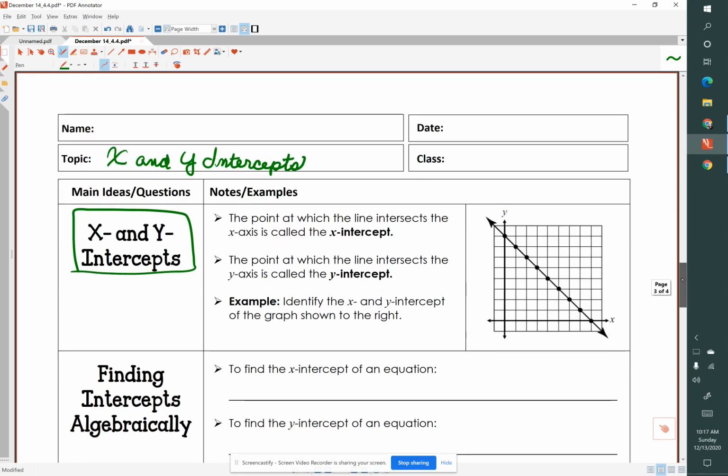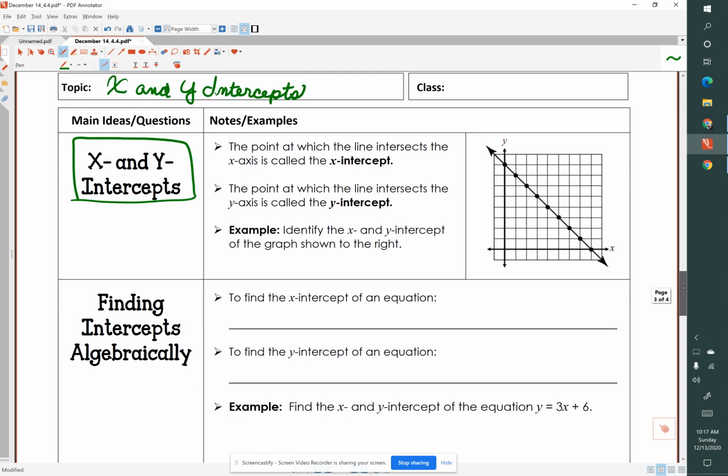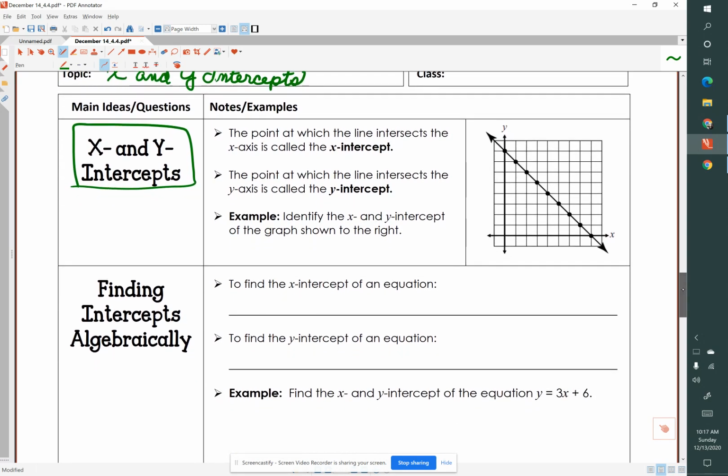So what is the point? Let's talk about the x-intercept first. The x-intercept is the point at which the line intersects the x-axis. Here's our x-axis in green.